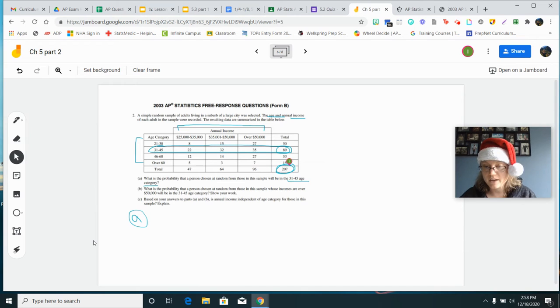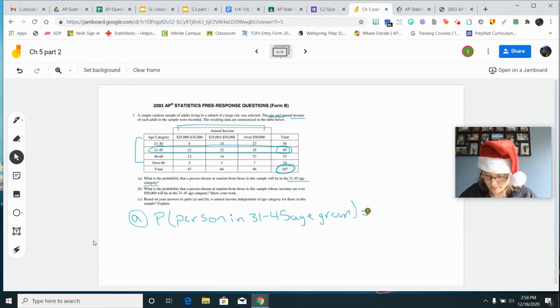Now to get full credit on the AP rubric, this is what it should look like. The probability of a person in the 31 to 45 age group equals 89 out of 207.